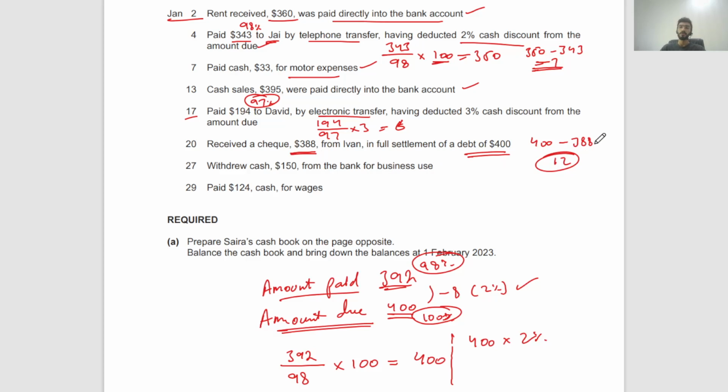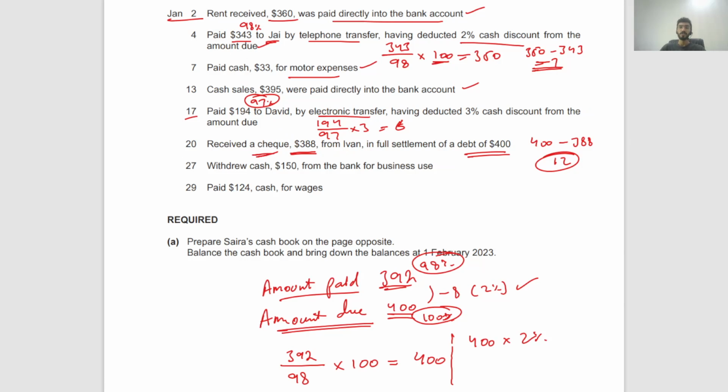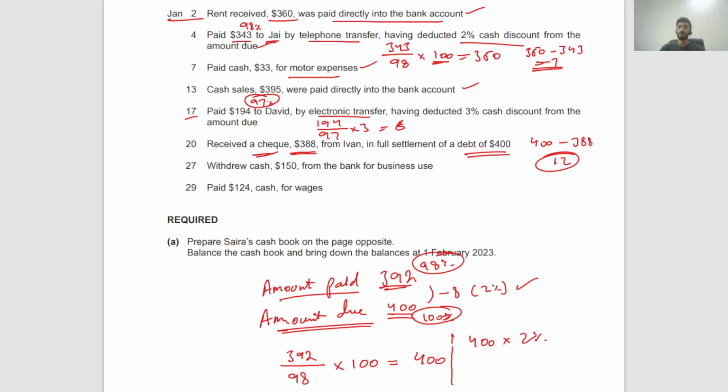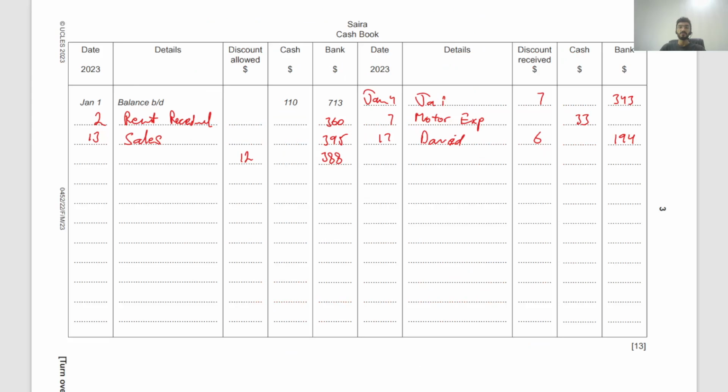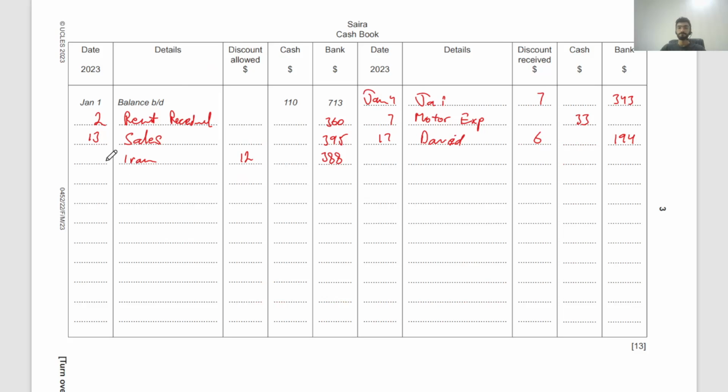So 12 discount allowed, 388 received. Received a check, so 388 will be debited in bank. 12 will be discount allowed. The person's name is Ivan. And the date is 20.